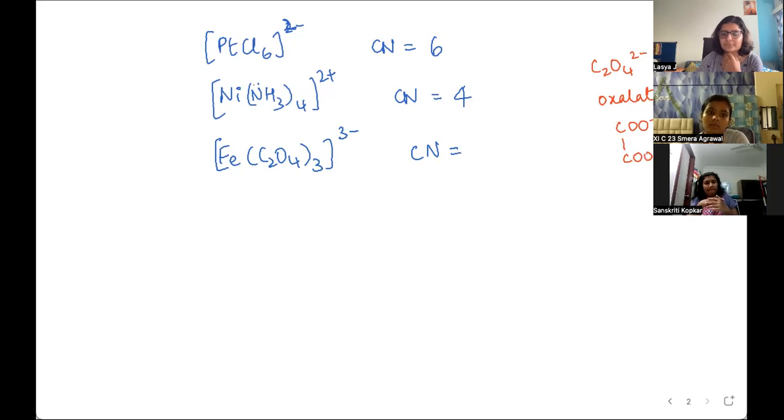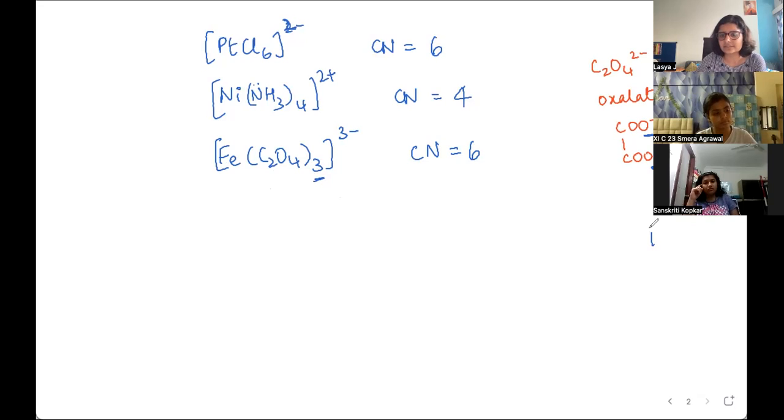Based on this, can you tell me what the coordination number could be? 6. 6 is correct, because every unit of C2O4 has 2 places it can bond to. It's a didentate ligand, and there are 3 of them. So 2 into 3, 6. Totally it forms 6 bonds with iron.